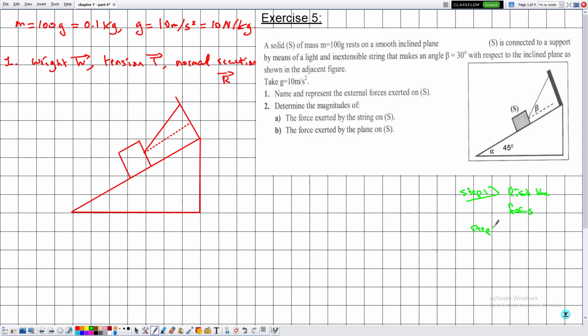Step number 2 is to choose a reference system. Step number 3 is to project the forces. And step number 4 is to use the sum of forces equal to ma and project the equation.